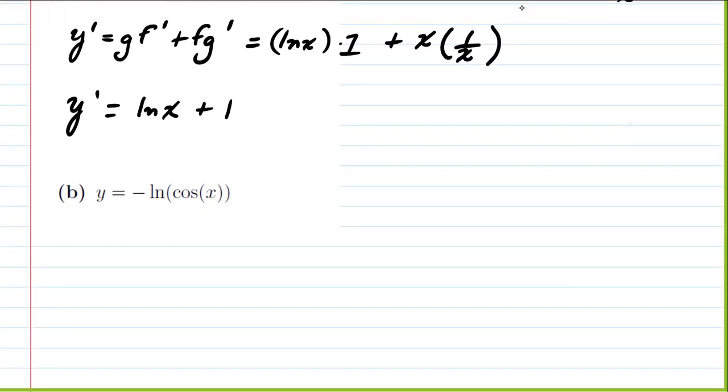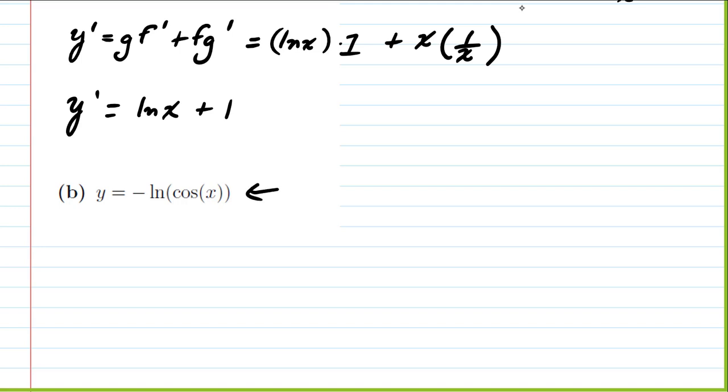All right, so now taking a look at our next one, we have y equals the negative natural logarithm of the cosine of x. Which rule are we going to need to find the derivative here? Is the cosine inside of something? Yes, the cosine's inside the logarithm. Perfect. The chain rule.